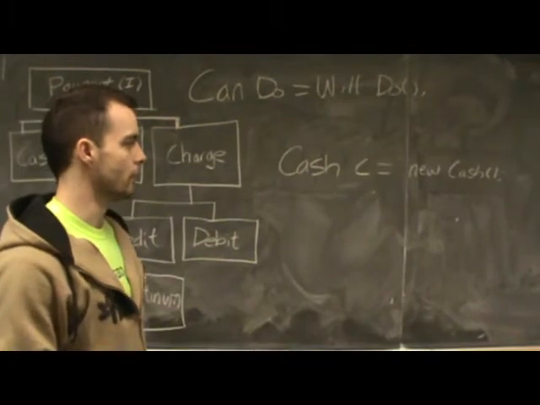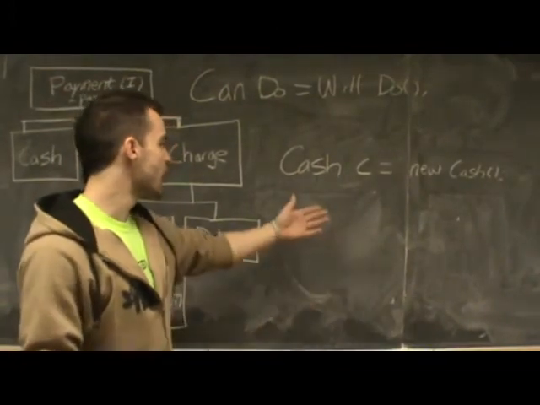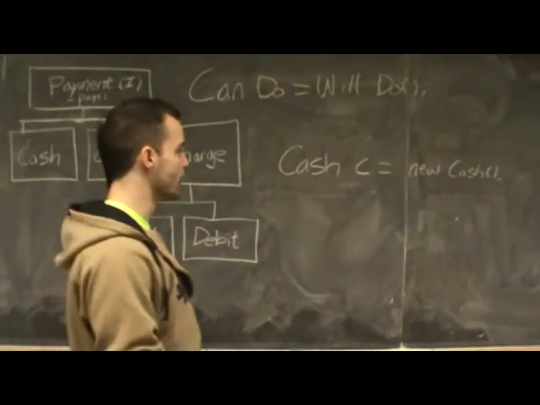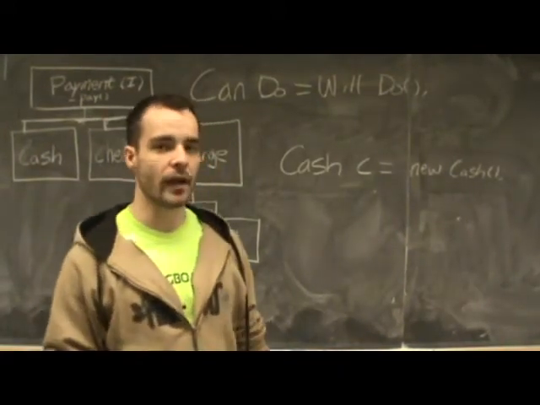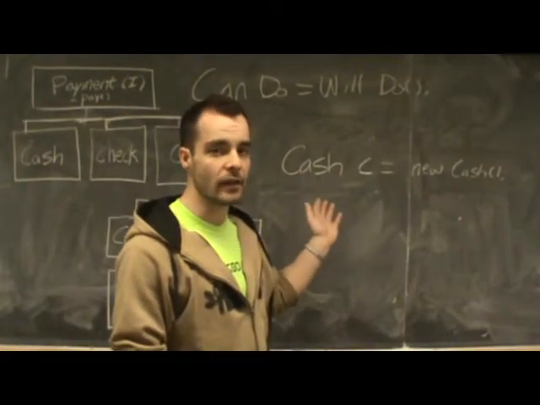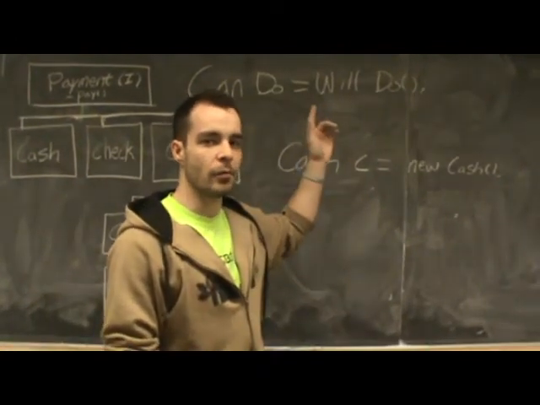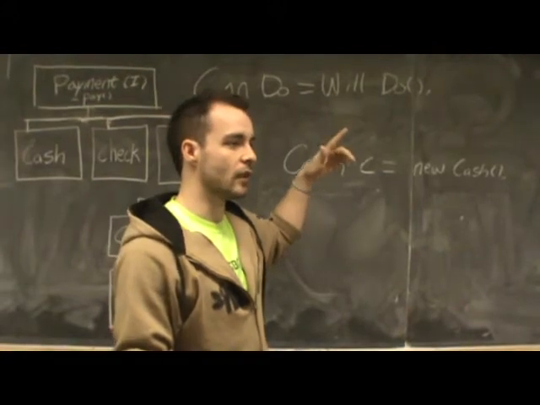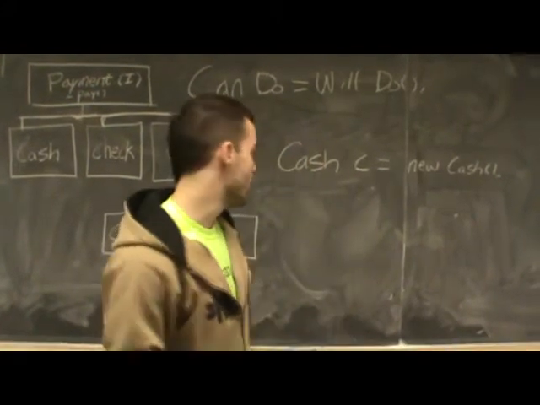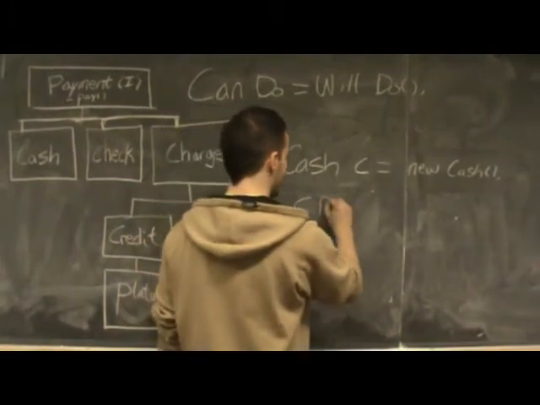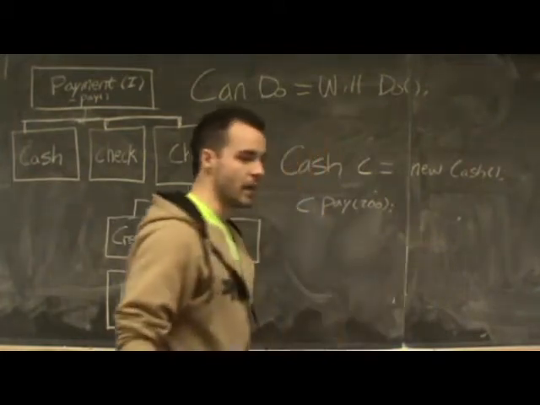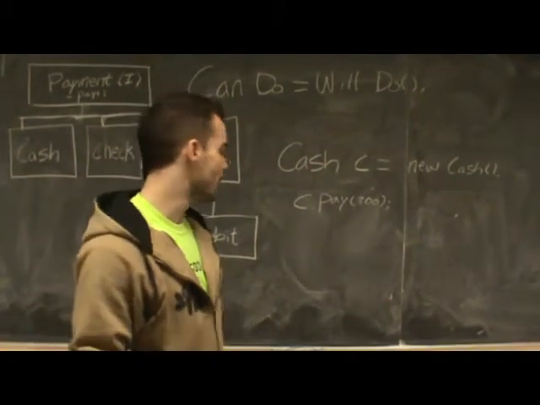It's just a cache object. Now let's say that cache doesn't have any other methods besides just pay. So cache is going to behave the exact same way, and the compiler would still understand that it's a cache, so it inherited all of the methods of its superclass, which in this case is the interface payment. So the compiler still knows that it has a pay method, so I can still do C.pay 200, and it's perfectly happy. And that'll, in fact, behave the exact same way as it did before.